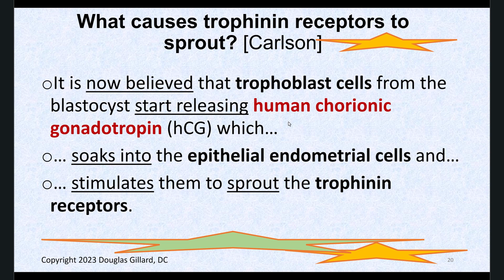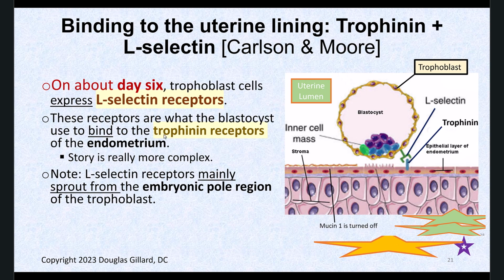It flows out of the trophoblast cells of the blastocyst and soaks into the endothelial cells, and they start to sprout these troponin receptors. It may have something to do with turning off the mucus as well. But for sure, we know that HCG causes the sprouting of the troponin receptors.